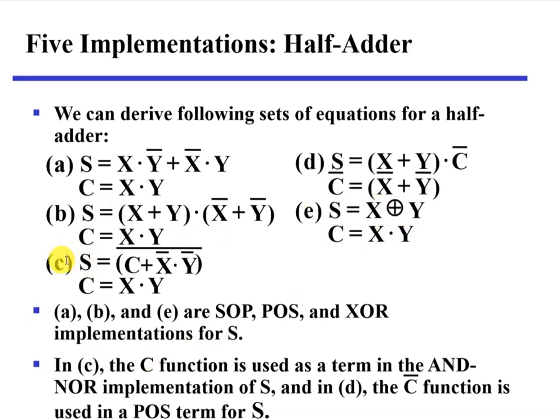In C, the C function is used as a term in the AND-NOR implementation of the S or sum. And in D, we see that the function complement, the carry complement, is used in this POS term, product of sums term.